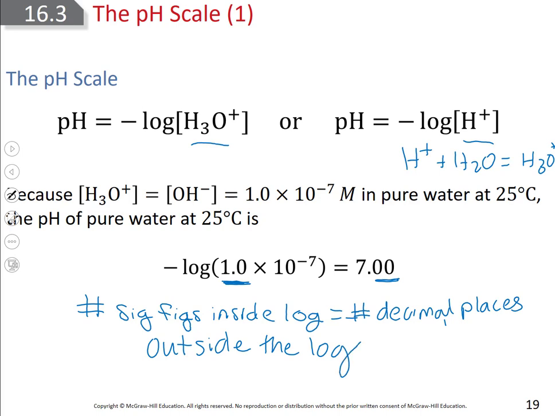If you're doing this in reverse, given the pH, find the concentration, you're going to look at the number of decimal places in your pH to find the number of significant figures in your concentration. For most of these, you're going to have a concentration that has 2 significant figures, so you'll have a pH that has 2 decimal places, 2 places after the decimal.